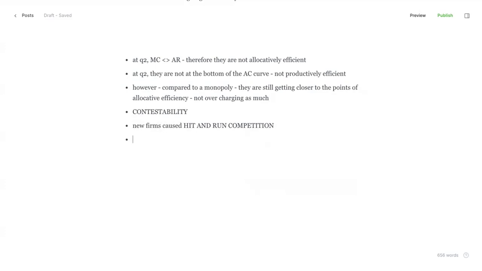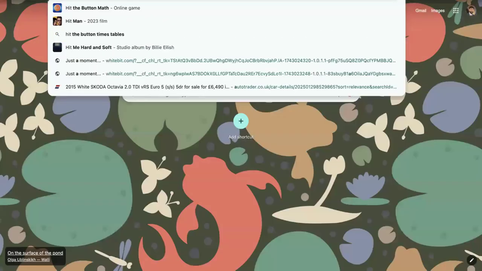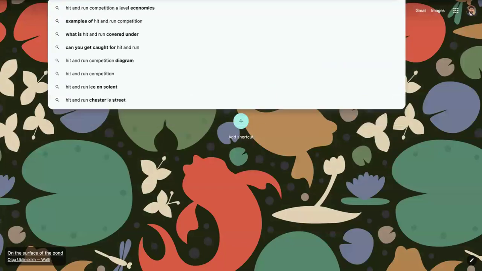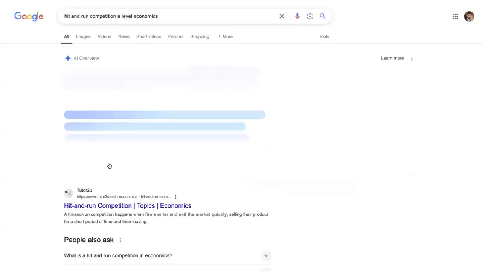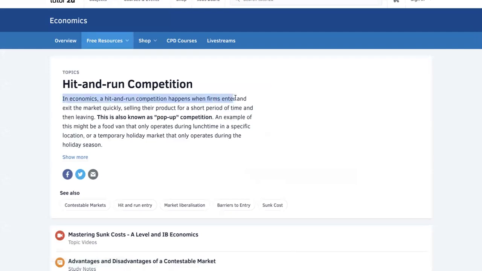What does it mean by hit and run competition? Like you're making profit, I enter the market, steal some profit off you, and then we all get lower profit. Let me see actually what it says. Hit and run competition happens when firms enter and exit the market quickly, for example, when they see that someone else is making profit.